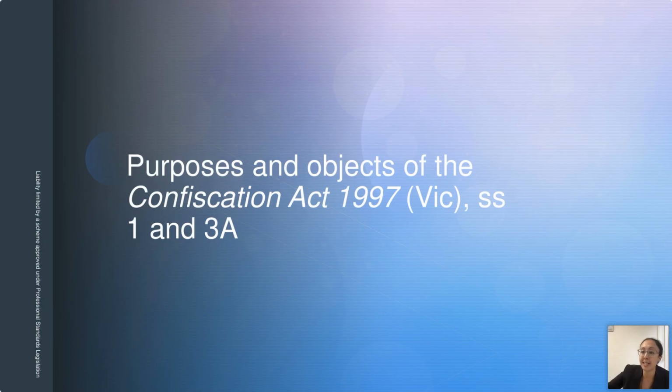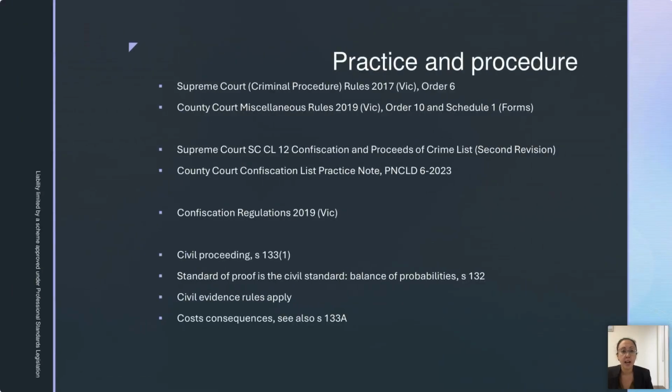Its main objects are to deprive persons of the proceeds of certain offences and of tainted property, to deter persons from engaging in criminal activity, and to disrupt criminal activity and to undermine the profitability of serious criminal activity. And that just gives you a bit of a flavour about what the Act is about.